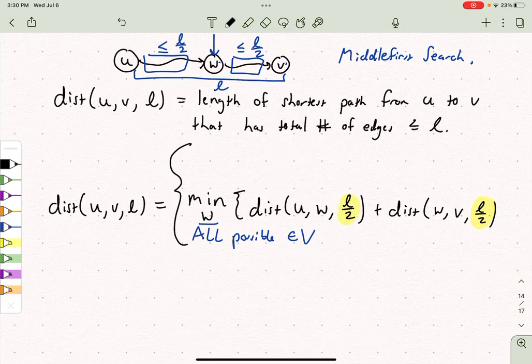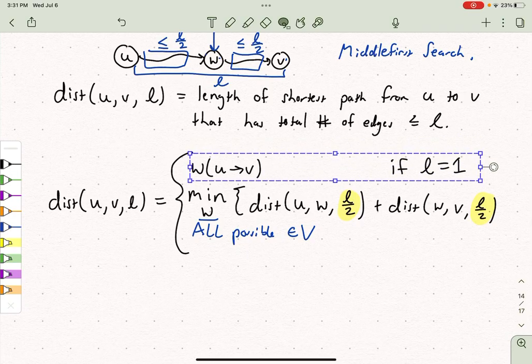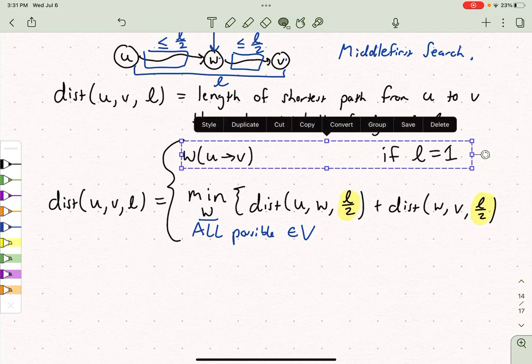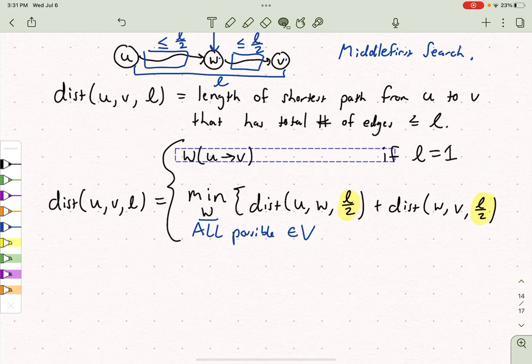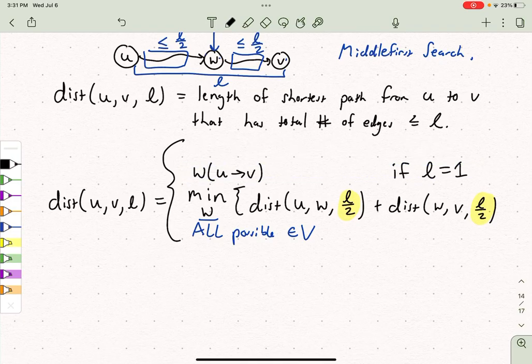So what are the base cases? Well, of course, if L equals 1, then we just get the weight from u to v, because that's the only path from u to v that only uses one edge. And we can also have a separate base case for if such a thing doesn't exist. To be precise, it might be the case that there is no u to v edge.